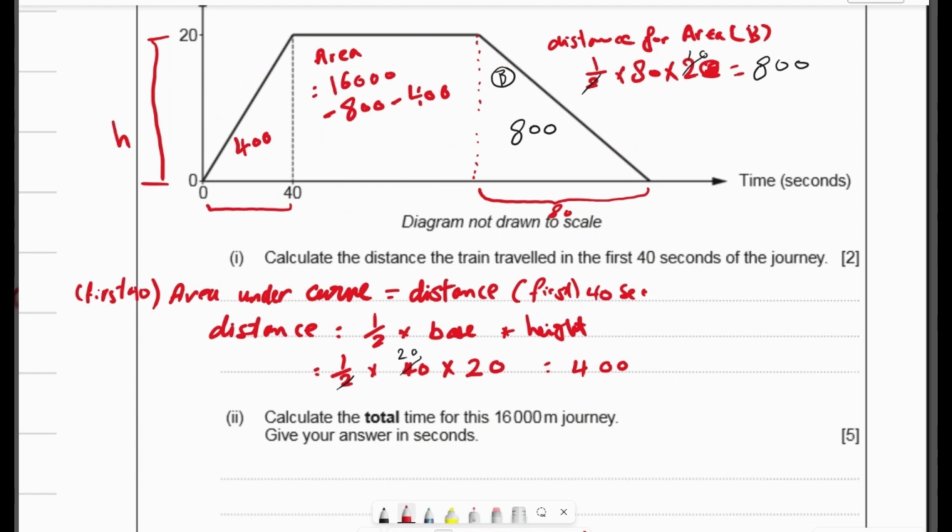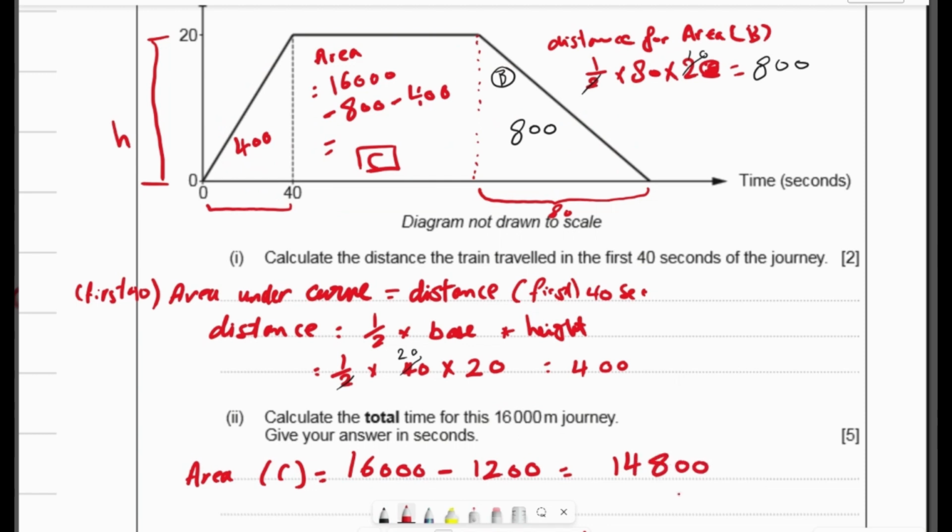if we say 800 and 400 is 1200, so you have to write your calculation here for the area. So we need this part C, area part C equals 16,000 take away 1200, which is equal to 14,800.